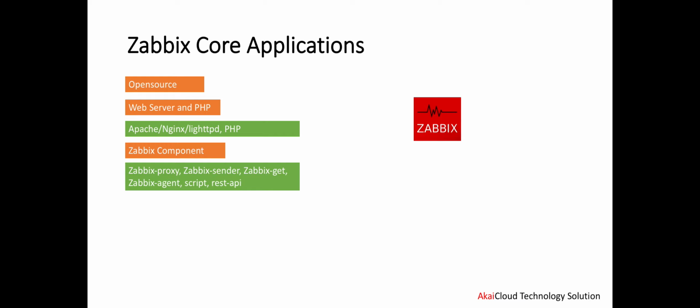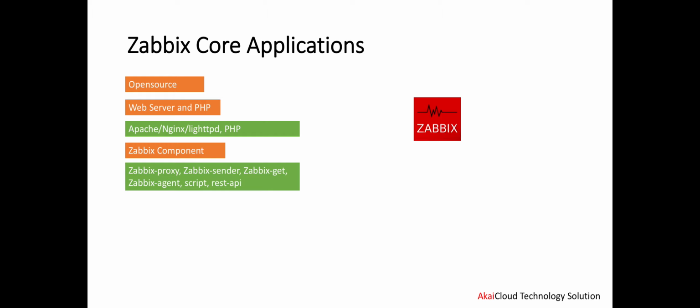Another core component is the Zabbix agent. Basically, it's just an agent installed inside the virtual machine or server. Then we can collect the data and send it to the Zabbix server. In the Zabbix agent, we have active and passive mode. We will talk about this in more detail in another session, so you can better understand what kind of monitoring Zabbix can do.